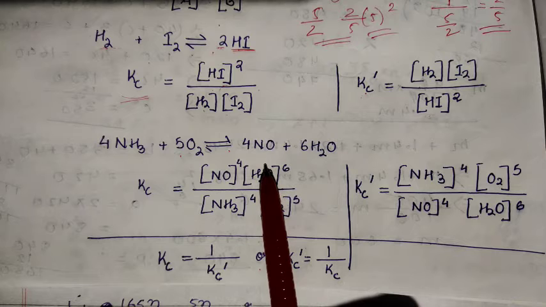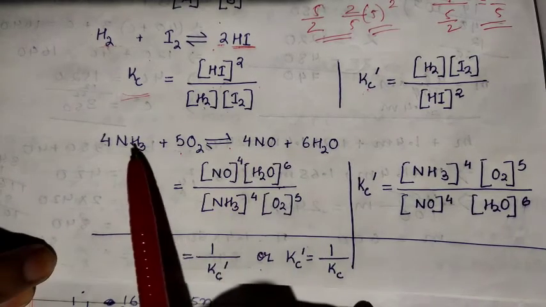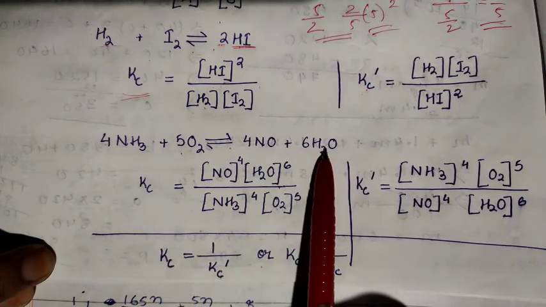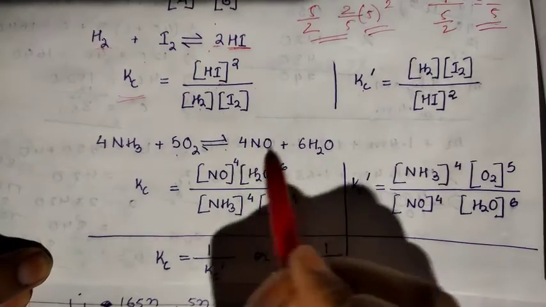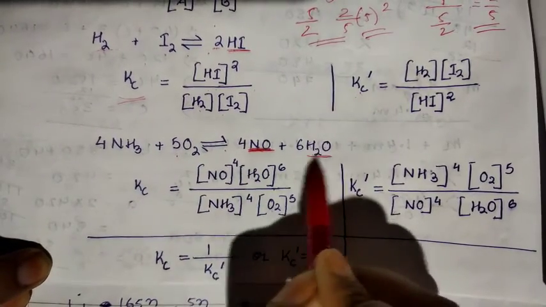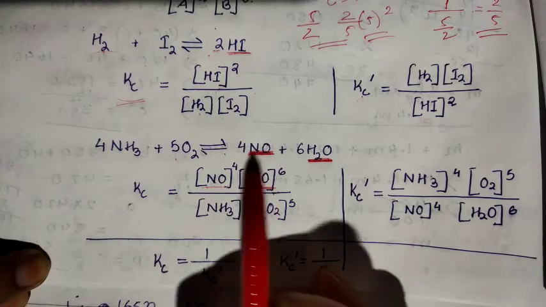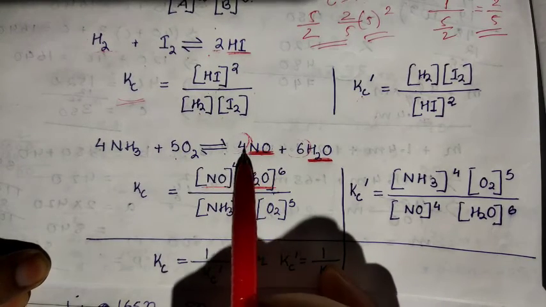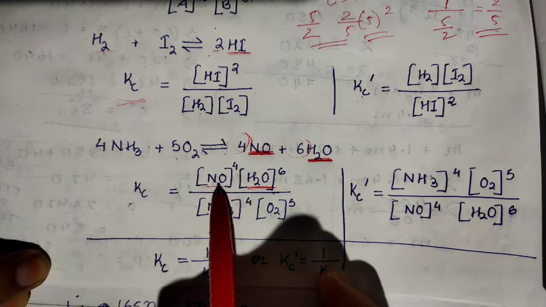If it is mentioned that you have to calculate the equilibrium constant for the forward reaction, then you have to go this way. Clear?